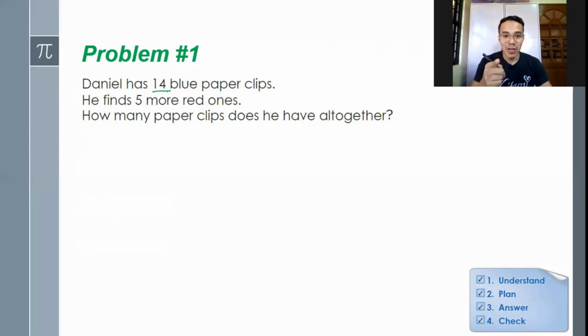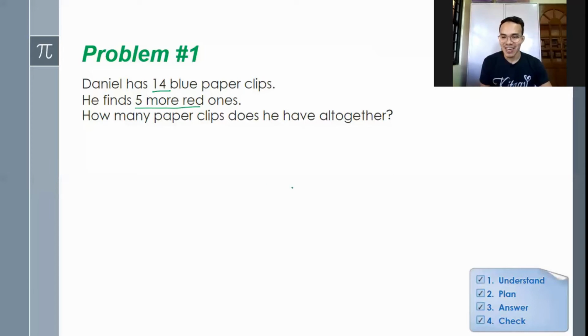Do we know the number of red paper clips? Yes, it says here 5 more red. So we know the number of blue paper clips. We also know the number of red paper clips. And what is being asked in the problem? The number of paper clips all together. So that's how you're going to understand the problem.